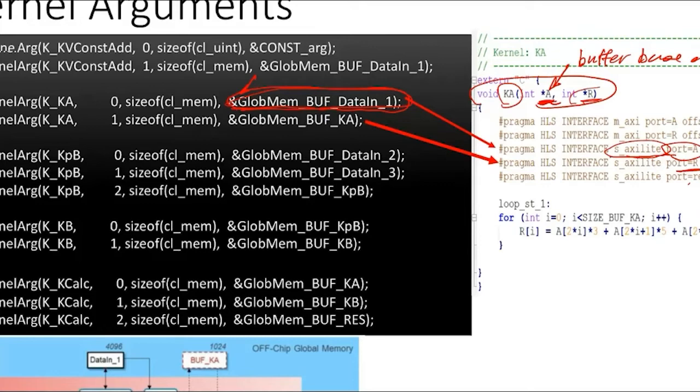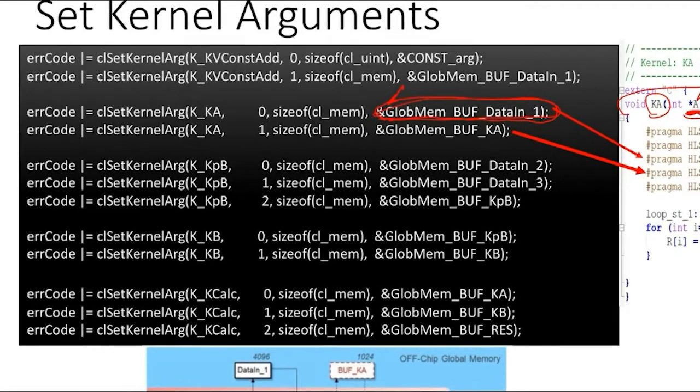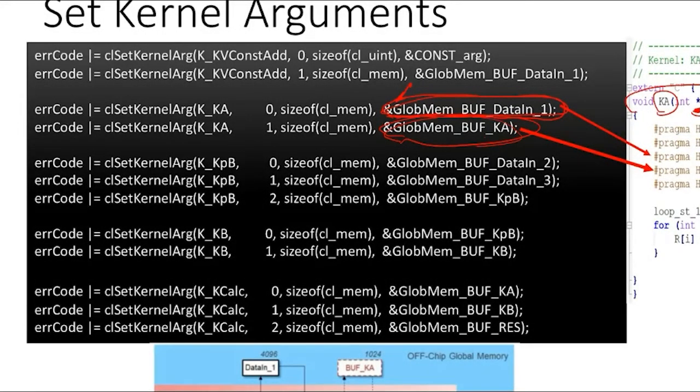This is very similar to the Pynq Lab2 example. And for the result buffer, you also specify the buffer address here. Same thing for the other kernel functions.